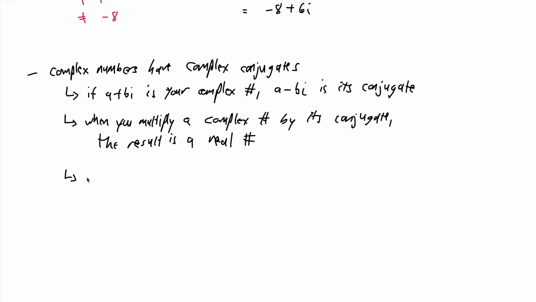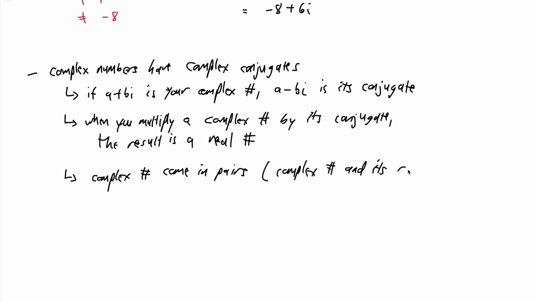I also want to mention that complex numbers, they come in pairs, right? So these complex numbers come in pairs. So what that means is you have the complex number and its conjugate are going to be together, right? So when you talk about solutions, think back to the quadratic formula.